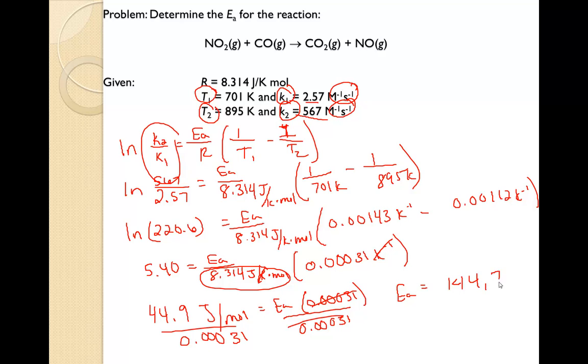Because of significant figures, we want to have 3 sig figs. So we can either say 1.45 times 10 to the 5th joules per mole, or you can say 145 kilojoules per mole. Both of those are technically correct. And that is how the temperature and the collisions affect the reaction rates.